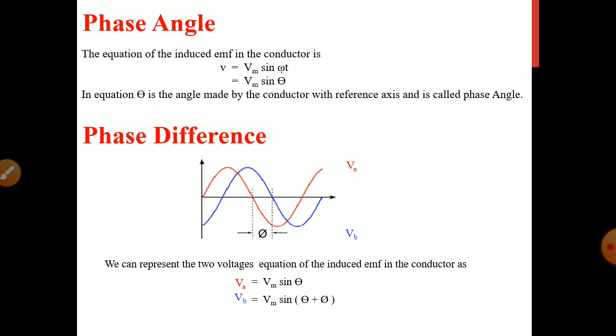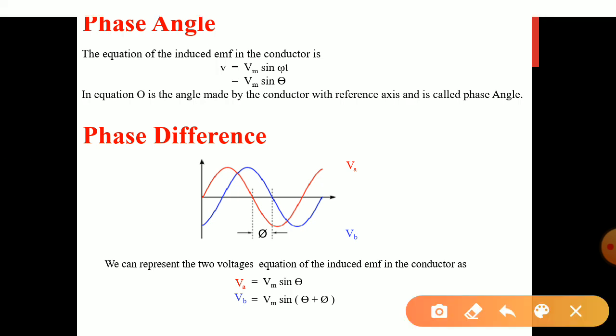VA is equal to Vm sin theta, whereas VB could be represented as Vm sin (theta plus phi). So angle phi is nothing but the phase difference between VA and VB. If we measure in radians, the phase difference can take any value between 0 to 2 pi, but expressed in degrees it can take any value between 0 to 360 degrees.